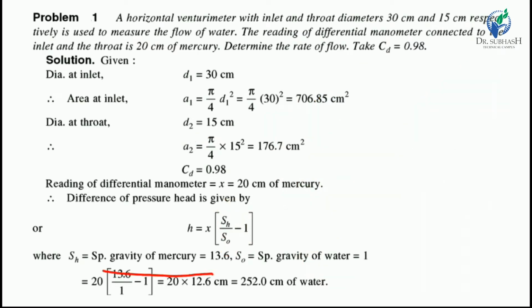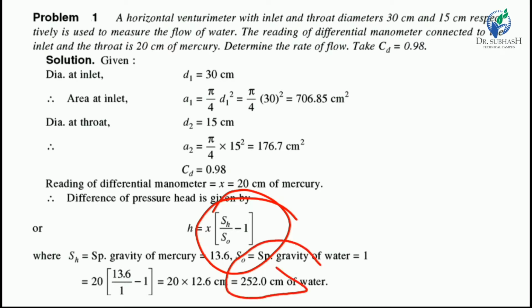We know that the specific gravity of mercury is 13.6 and the specific gravity of water is 1. So we find the value of h as 252 centimeter, since x is given as 20 centimeter.